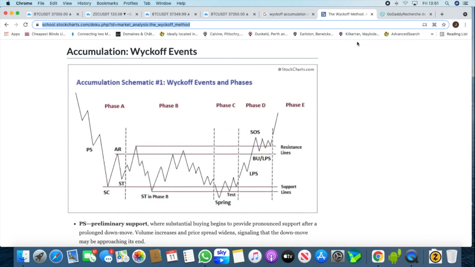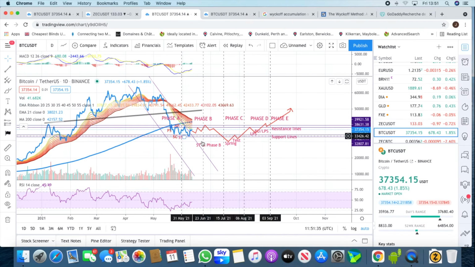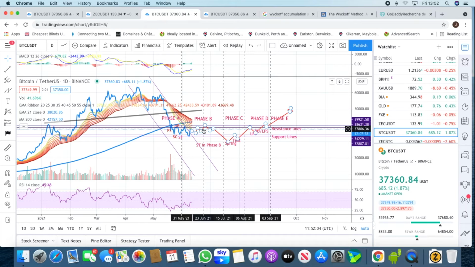Now, everybody knows that for altcoins, the time to be in altcoins is when Bitcoin goes neither up nor down, but sideways. If Bitcoin goes up, you should be in Bitcoin because it will outperform, it leads the market. So the market takes its lead from Bitcoin, and so if Bitcoin is going to go up, you probably want to be in Bitcoin first.